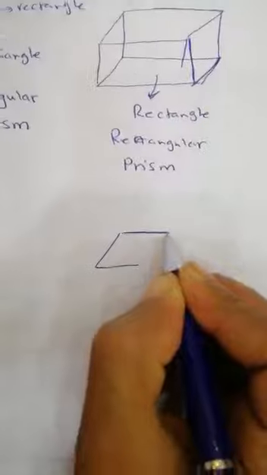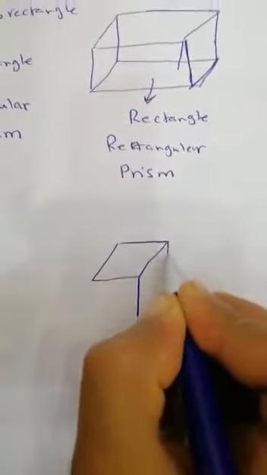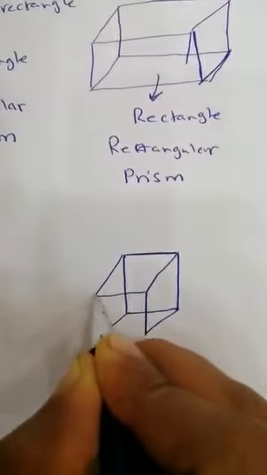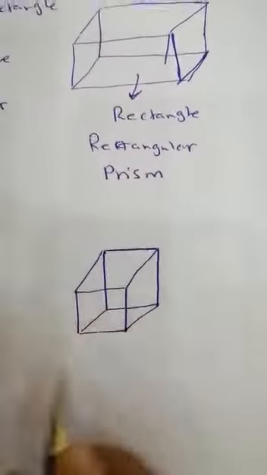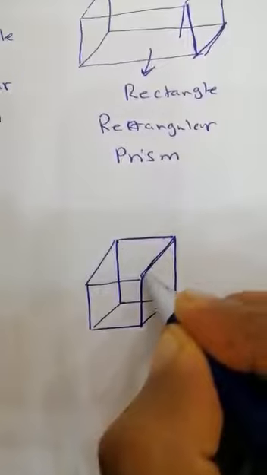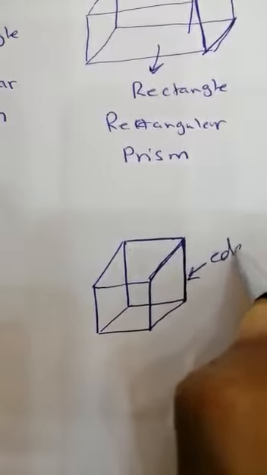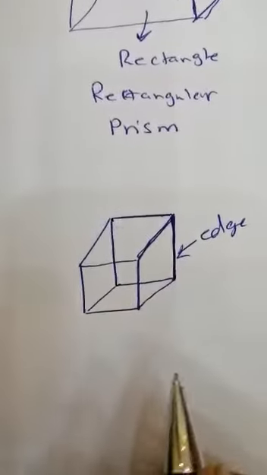Now look guys, before we go to the pyramid, we want to draw 6 squares. Like this, these sides we name an edge, okay?